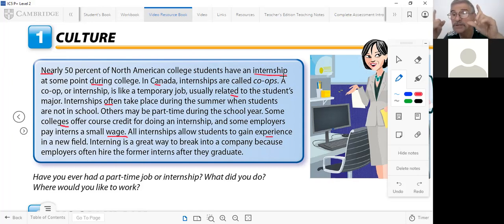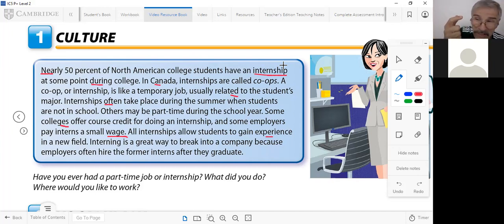When a university student, somebody who is studying at the university, is about to finish the professional studies to have a title, to have his or her diploma, they usually go to the industry or to the companies in order to work for a certain period of time.